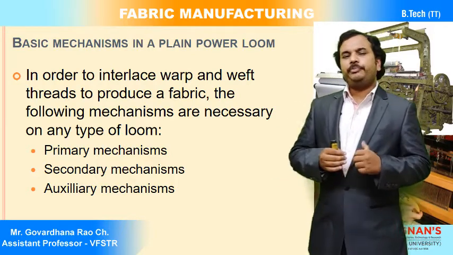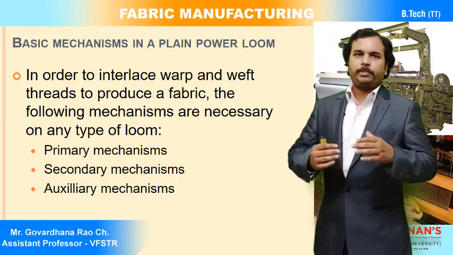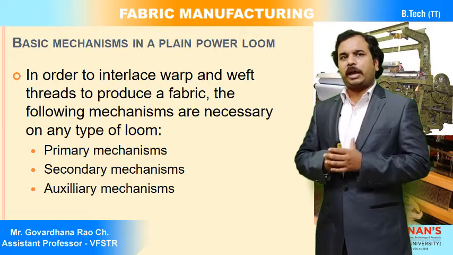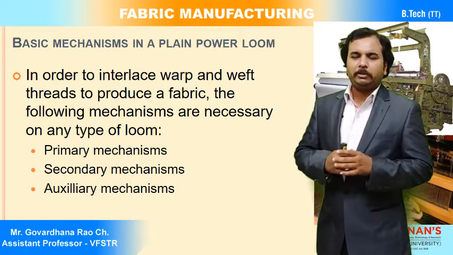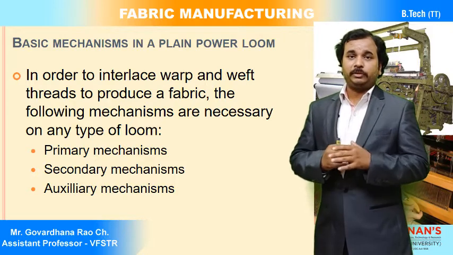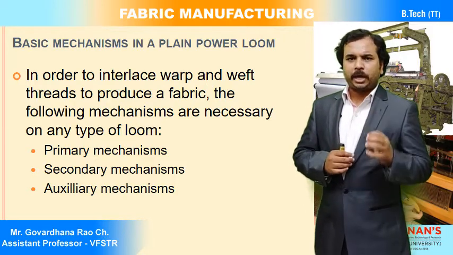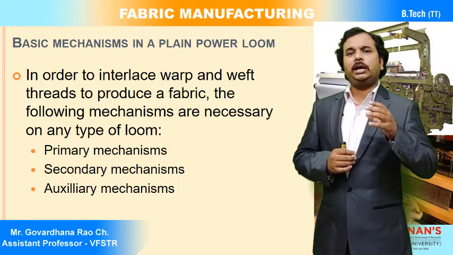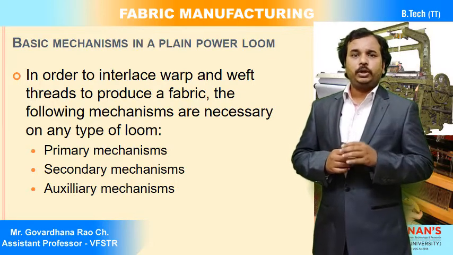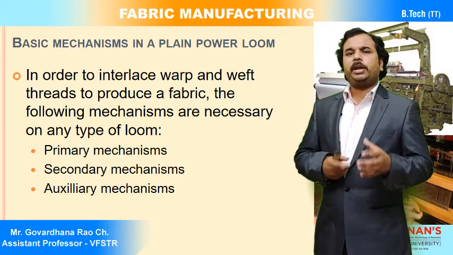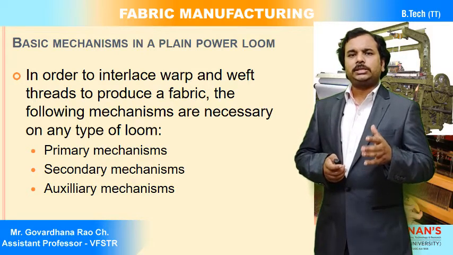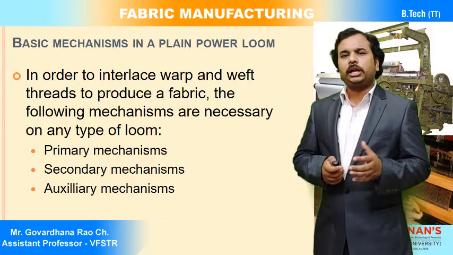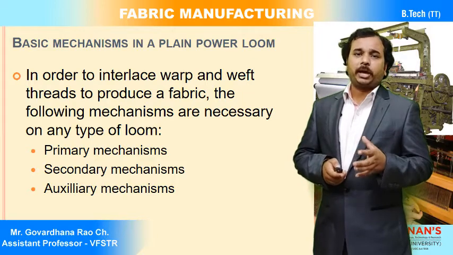In order to interlace warp and weft threads to produce the fabric, the following mechanisms are very necessary. There are primary mechanisms, secondary mechanisms, and a third category, that is auxiliary mechanisms.